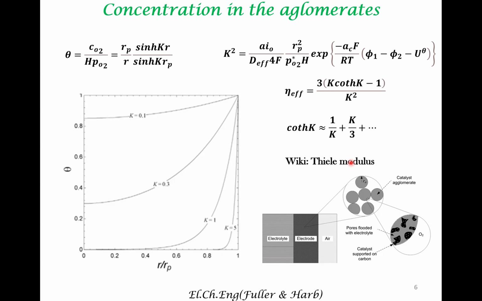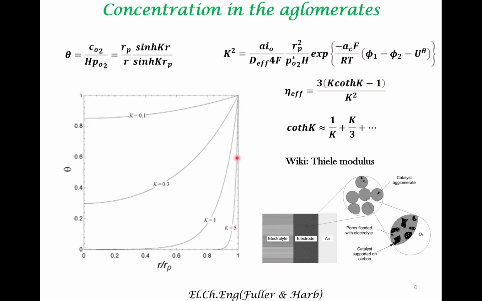All right. In a catalyst particle, the concentration of the reactant at the surface is different from the concentration of the reactant inside the catalyst particle. If there is a significant variation in concentration, the inside of the catalyst particle is not effectively utilized. Therefore, the efficiency decreases.